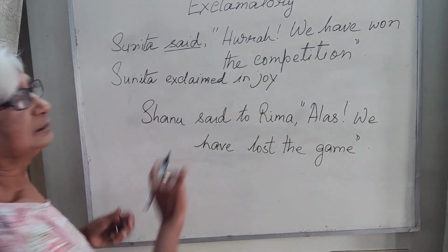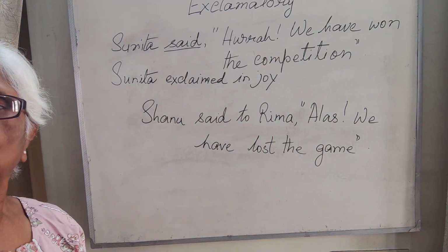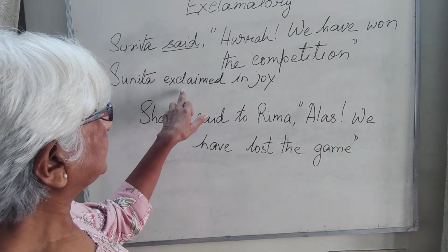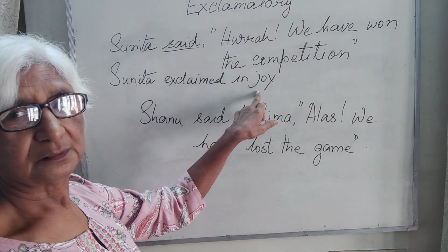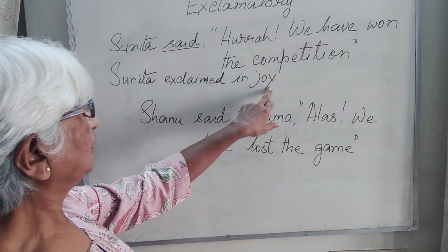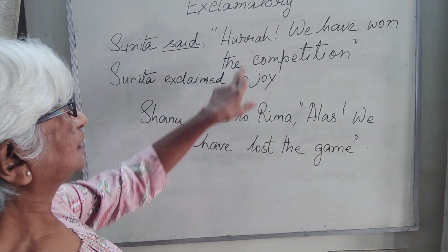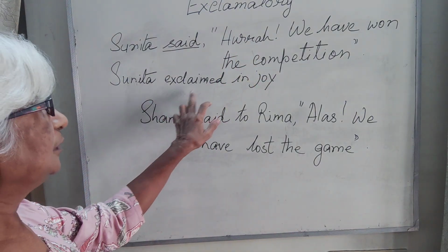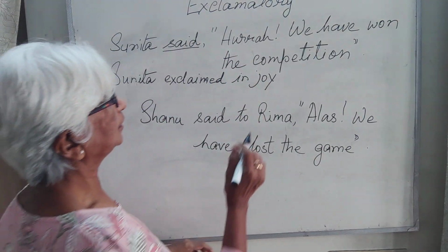So hurrah represents the joy that is expressed through the word exclaimed in joy. Okay, from this exclaimed in joy, this phrase tells us about hurrah, that she is happy. So Sunita exclaimed in joy.